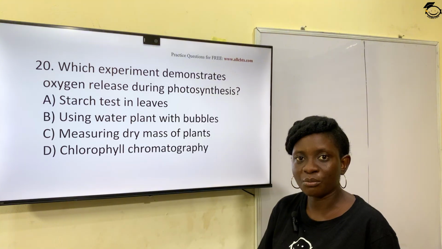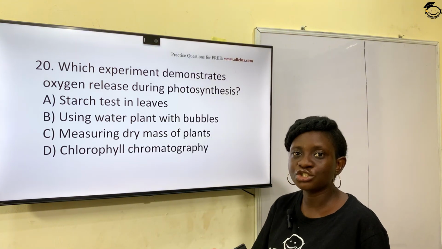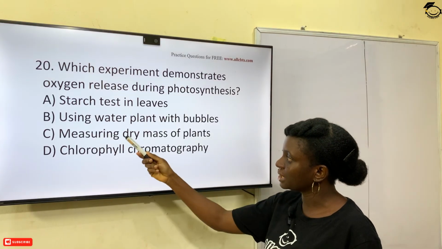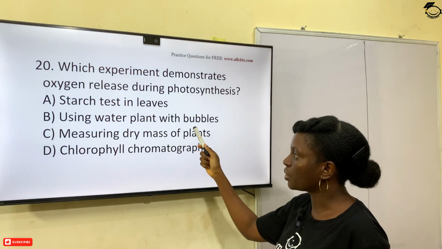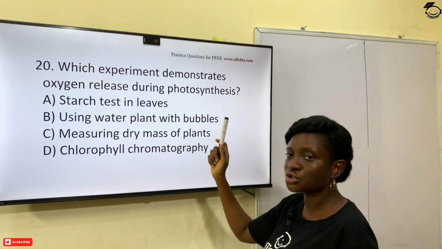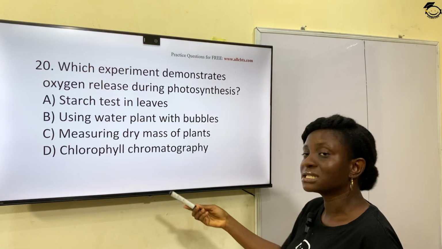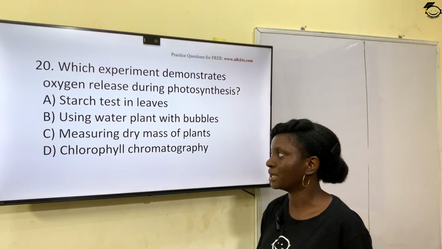You will see some bubbles in the water. This shows that oxygen is being released. So that makes option B, using water plants with bubbles. Option B is the correct answer.